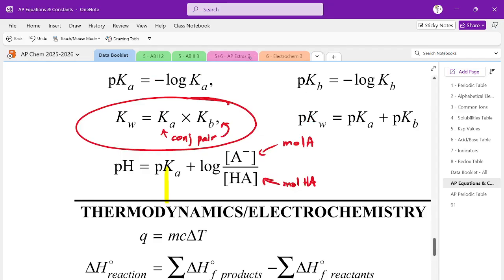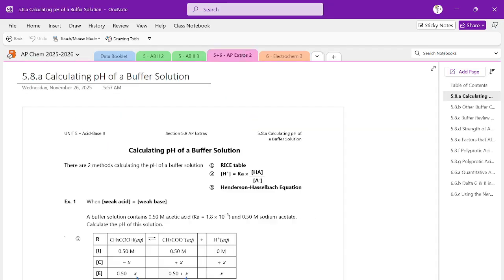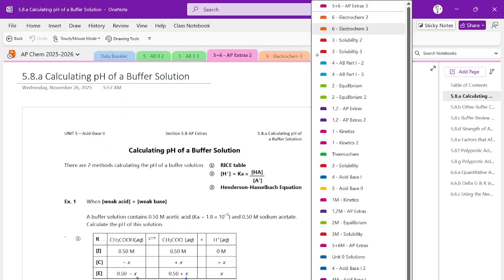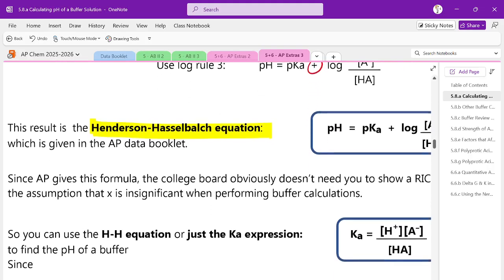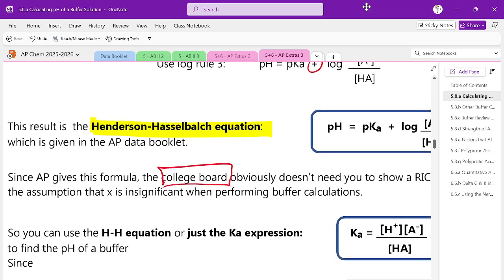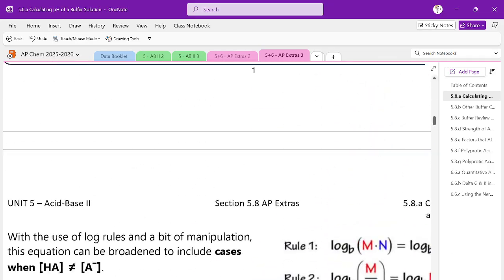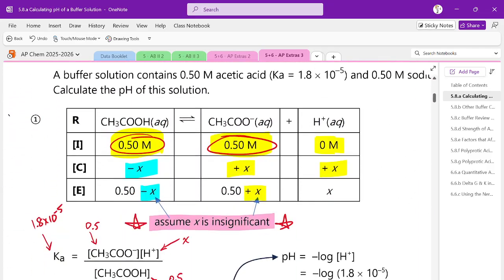Do you use a rice table in university? Yes, you do. But it says you don't need to show a rice table. The College Board, which is the AP people, does not need you to show a rice table. I'm not saying they don't want you to.